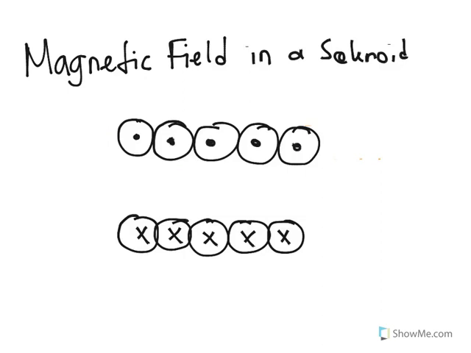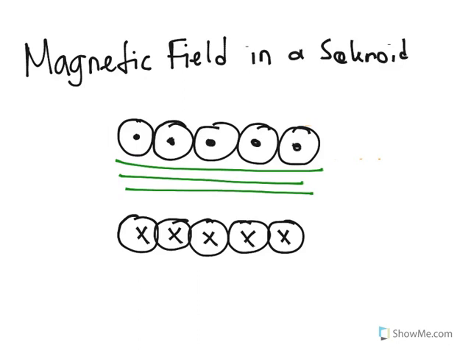Now, the magnetic field inside the solenoid is very, very large, right? But outside there is not a lot. So here there is no magnetic field, let's suppose that, and we're going to be using Ampere's law.